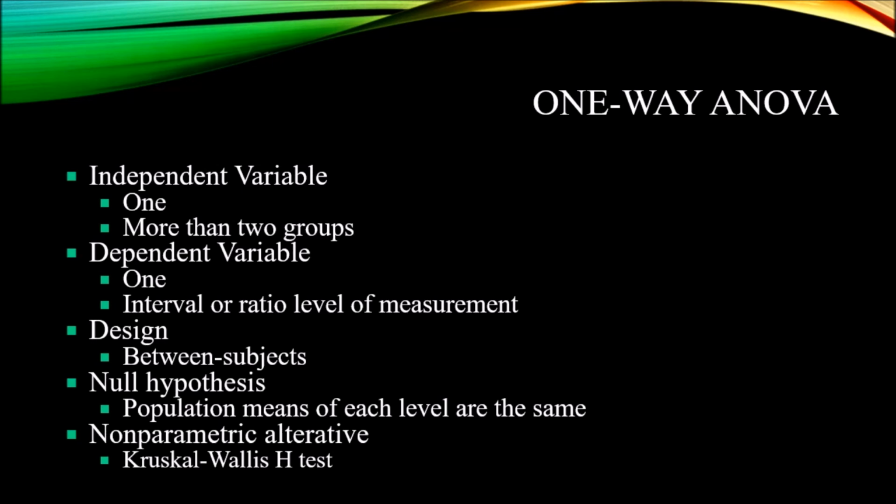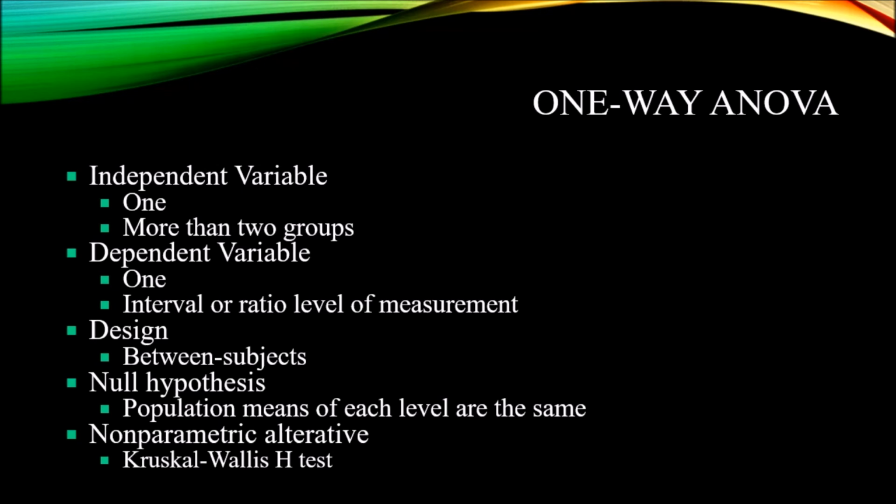So let's say you had participants that had anxiety symptoms, and you had different treatment groups: CBT, psychodynamic, and treatment as usual. So that would be 3 levels: CBT, psychodynamic, and treatment as usual. Those are the 3 levels of your independent variable.